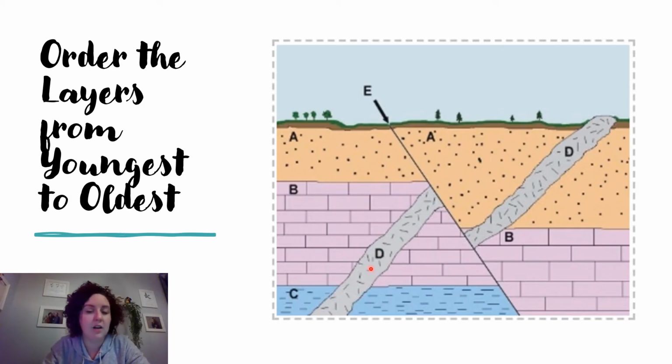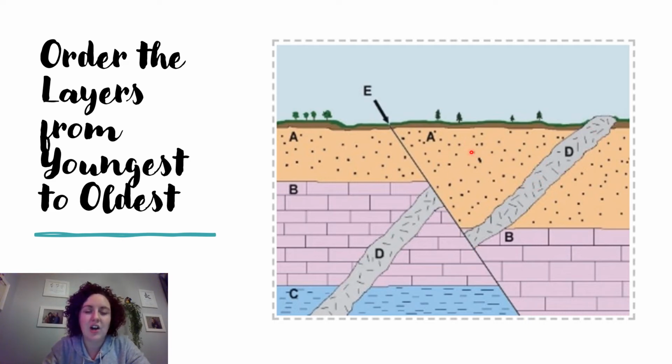I'm going to keep working my way up. Then I have B. Again, D is cutting across B, so B had to be there first. So that means oldest is C, then second is B. Still following D, there's this weird fault, and that kind of throws things off. But I see that D continues over here.